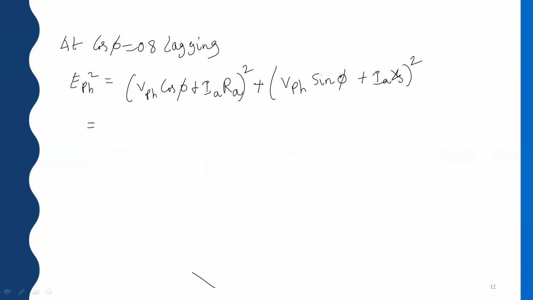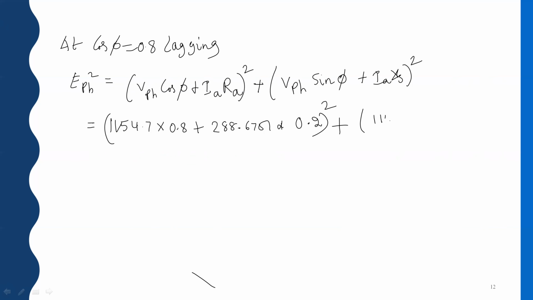You got your V phase of the supply in the first slide as 1154.7 into power factor 0.8 plus your IA per phase 288.6751 into RA, which is 0.2. This RA, all you have to perform in the laboratory. I'll be sharing the hardware of the experiment also. There you will be taking all these values plus VPH.